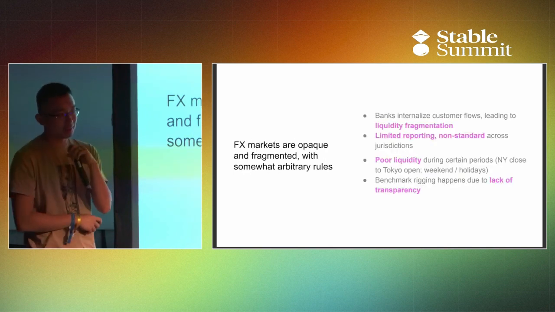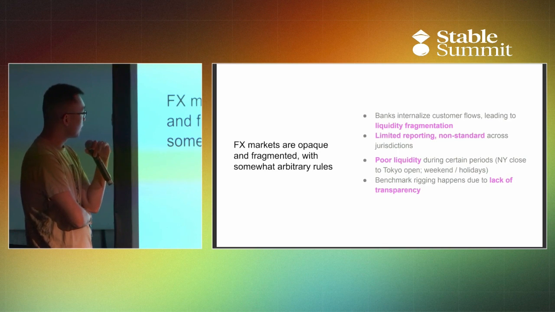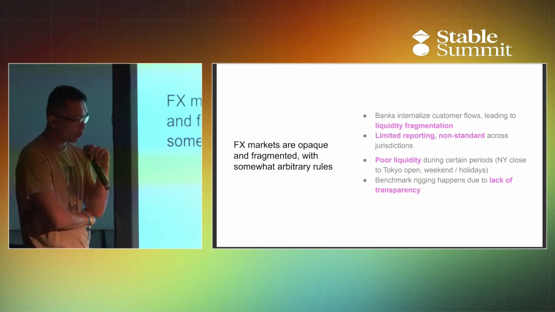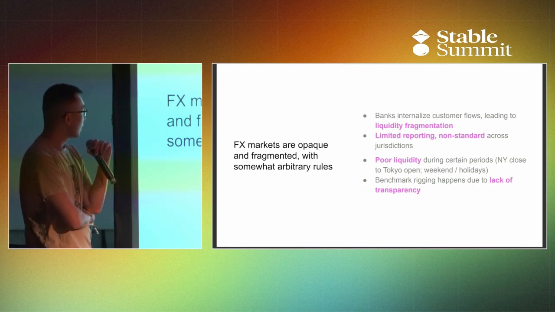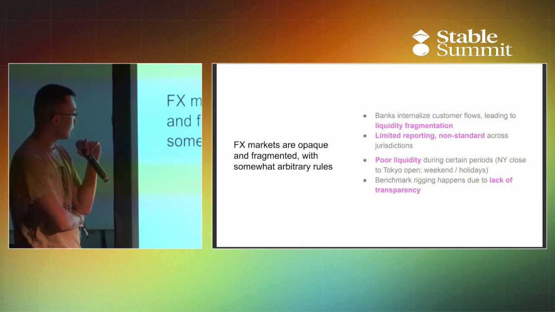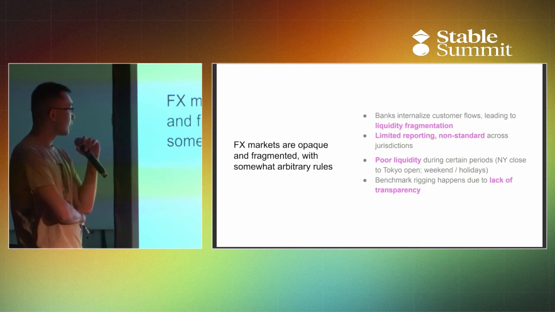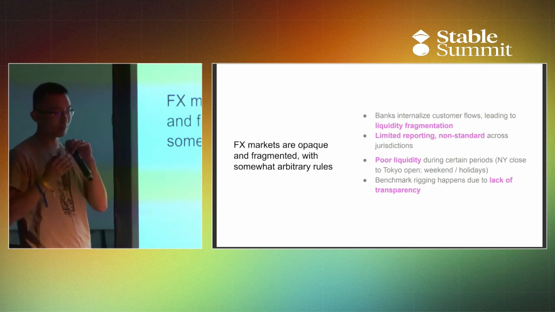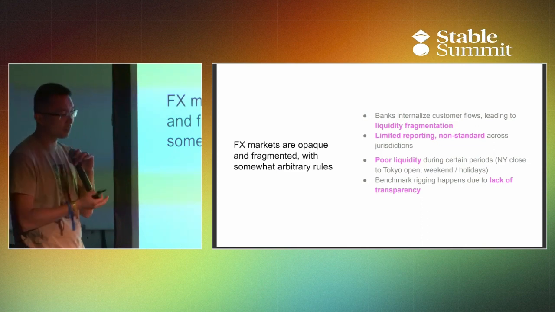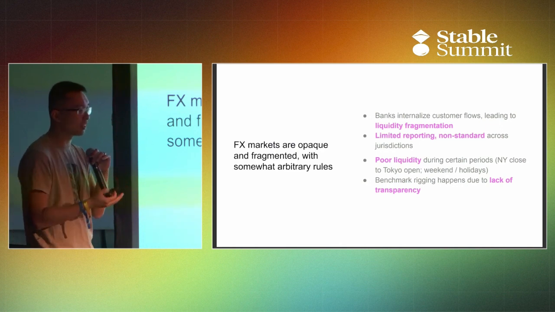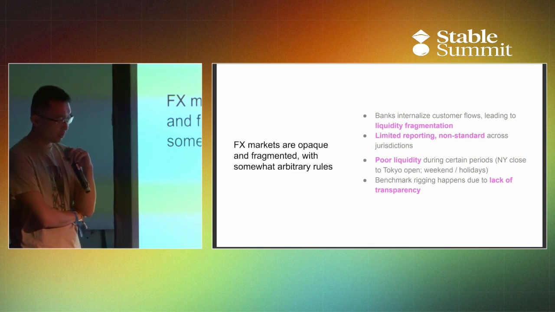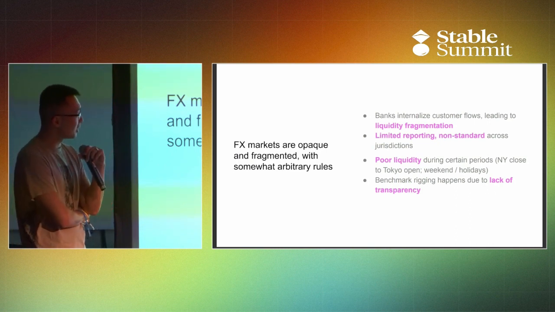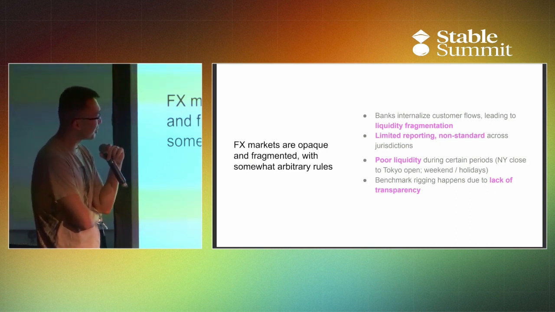The third thing, which is partially addressed by on-chain FX and maybe FX AMMs, is that the current market structure is opaque and fragmented. And the rules are sort of arbitrary, because you have to have every country agree to the same set of rules, which I'm not sure humans have ever done in history.